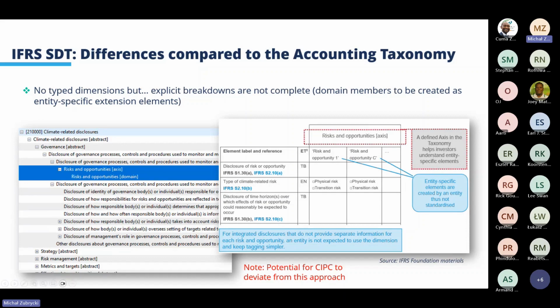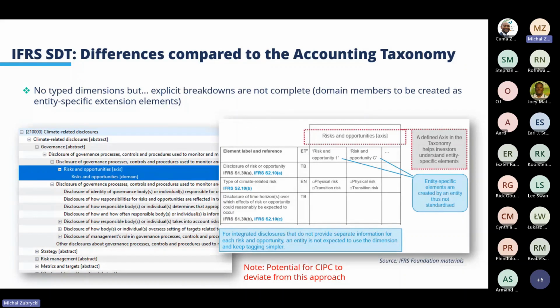There is a note that for those integrated disclosures that are not required to provide information for each risk and each opportunity, the filer will not need to extend such taxonomy and simply will be able to use the default member that you can see on the left-hand side and report this information as a non-dimensional table. However, this is also yet to be decided in the context of South Africa.